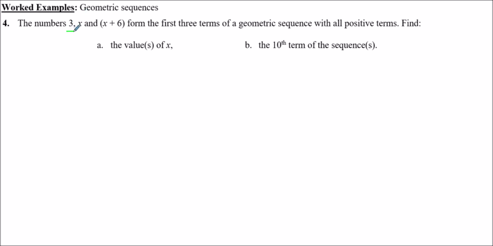So I've got 3 here, then x, then x plus 6. So the ratio of x to 3 has to be the same as the ratio of x plus 6 to x. So x divided by 3 has to be the same as the ratio of x plus 6 to x.